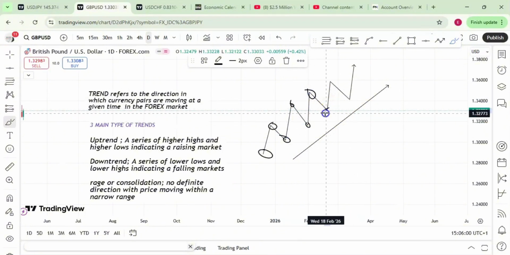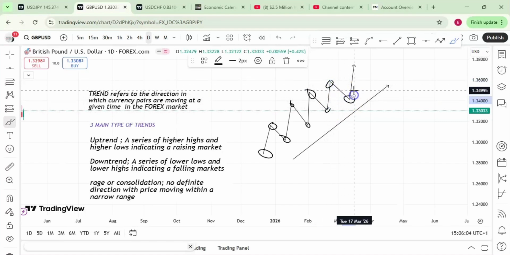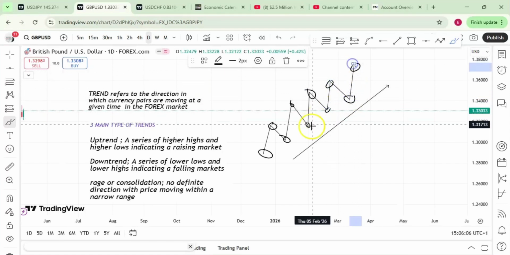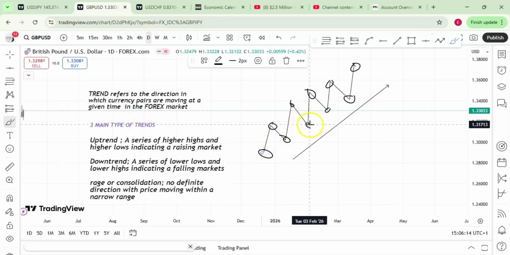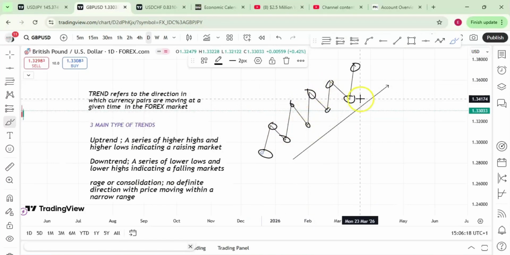So all these troughs and peaks are simply market structures. You can call them lows or highs. So this one down is called a higher low. The one up is a higher high, higher low, higher high, just like that.